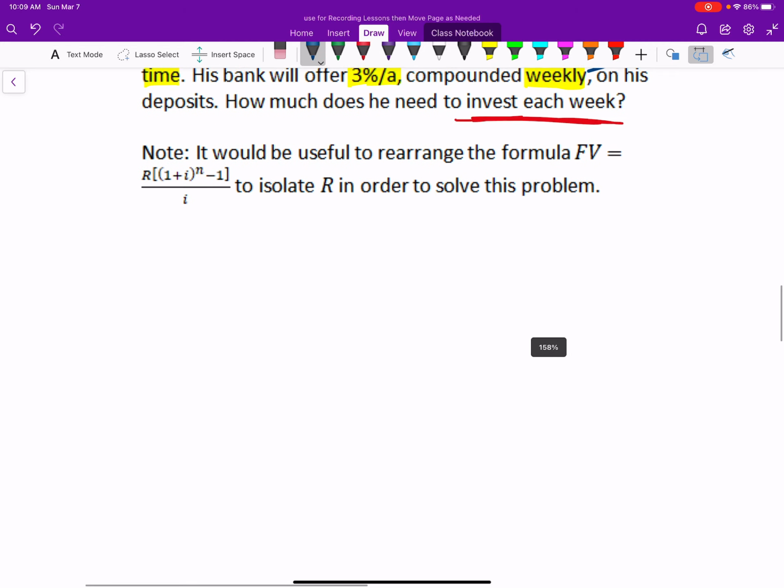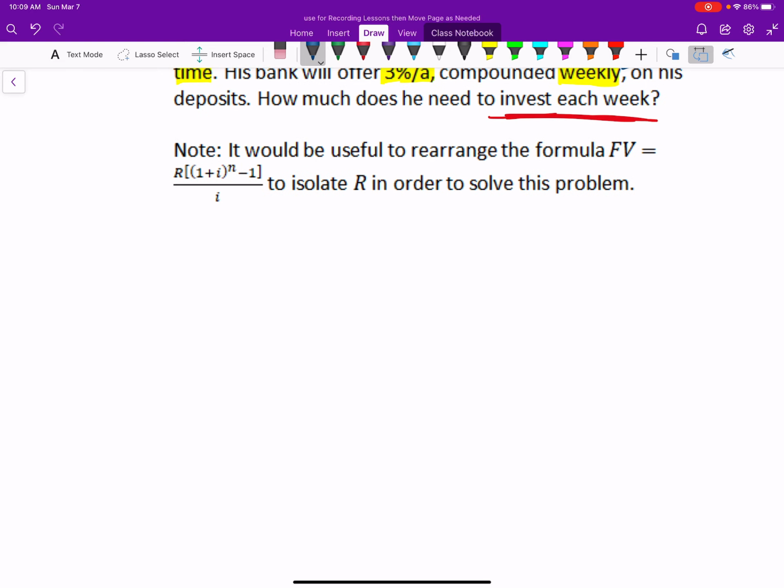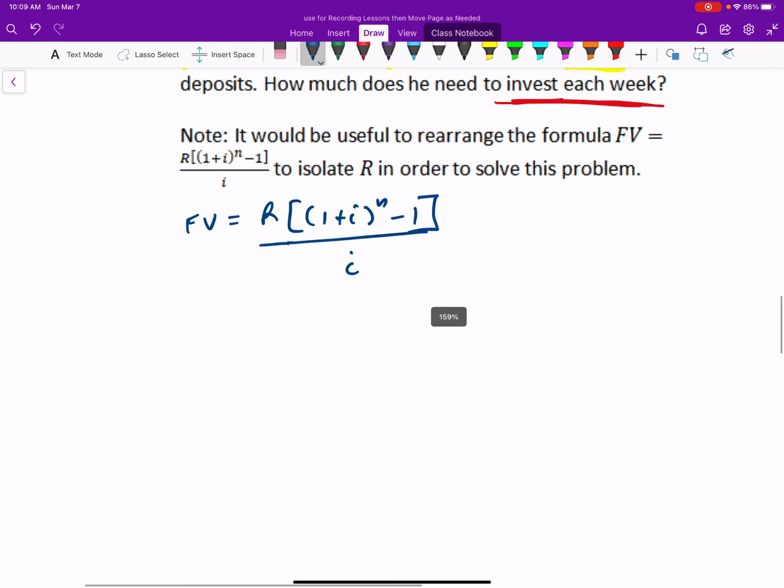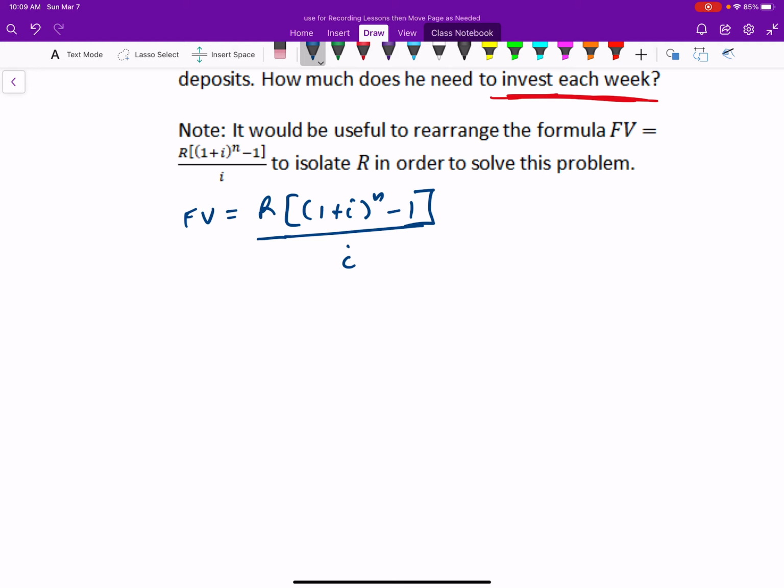All right, so in this case, it's going to be useful to rearrange the formula in order to isolate R. So if we start with FV equals R times 1 plus I to the exponent n minus 1, over I, and I want to get R by itself, we'll just solve this like an equation. I'm going to multiply both sides by I for starters.